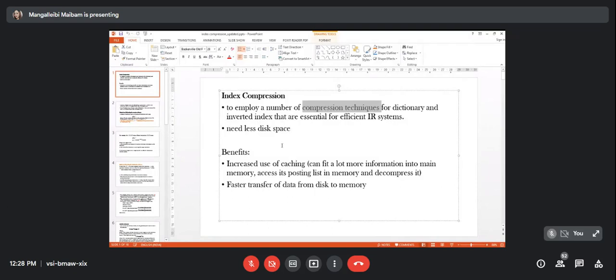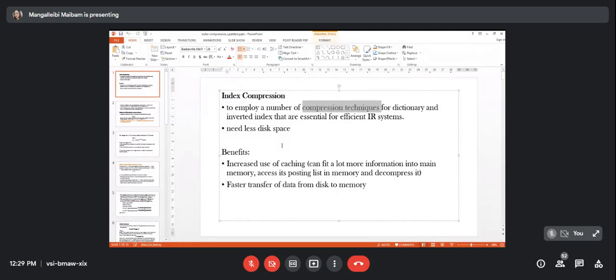Sometimes your number of terms may be very large, and this may make the retrieval system inefficient. Sometimes your IR system may fail to perform certain retrieval techniques.